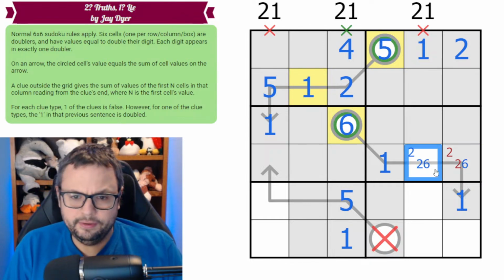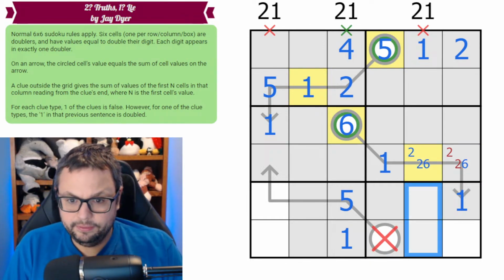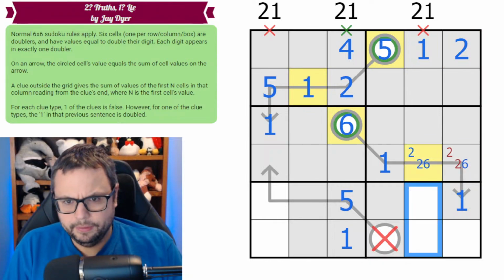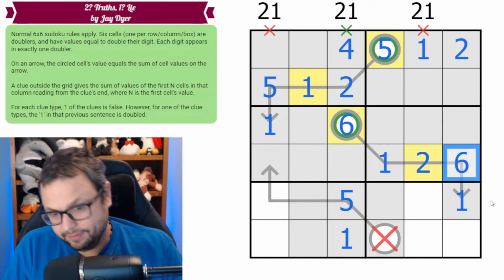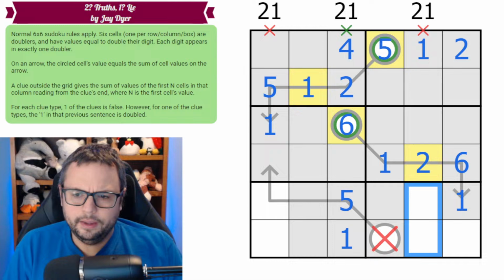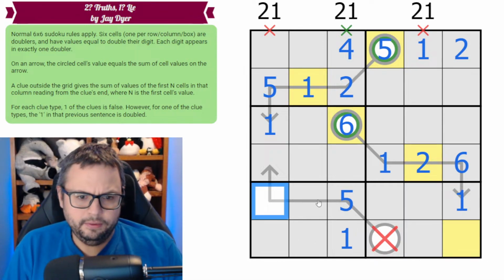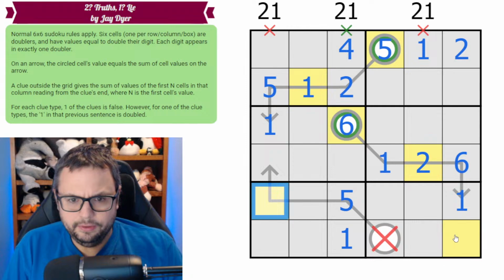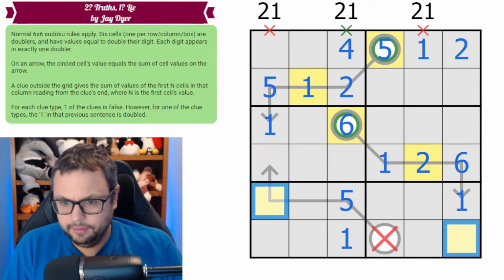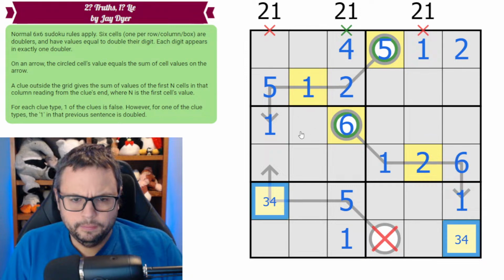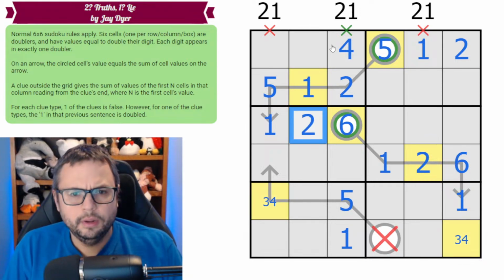So this is not the doubler, and that is... So that's a 6, and that's a 2. Oops, sorry. So that's a 2 and that's a 6. Sorry. That is yellow. That's not yellow. That is yellow. These are a 3-4 pair. For sure. That's a 2.